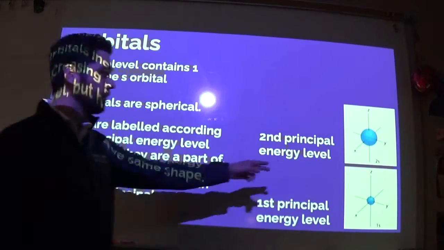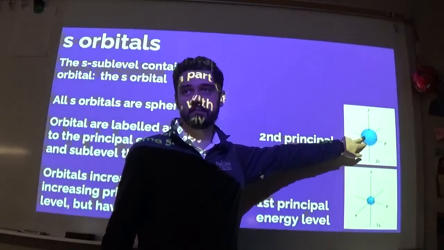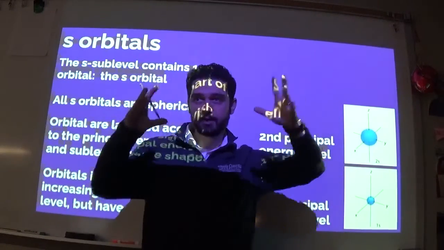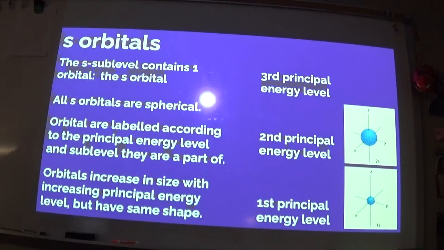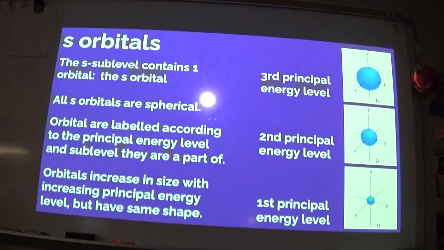Even though it's bigger, it only holds 2 electrons. Those electrons just have more energy, so maybe that's why there's more space for them. I don't know. Same shape, just larger. If I go to the third energy level, there's another s orbital up there too. It's just larger, but the same shape. And then so on, 4s, 5s, they get bigger and bigger as you go up.